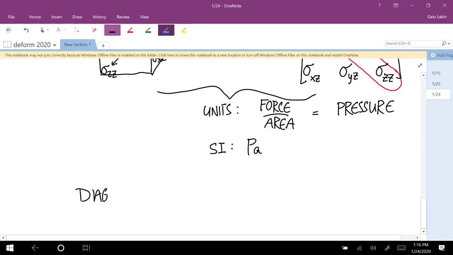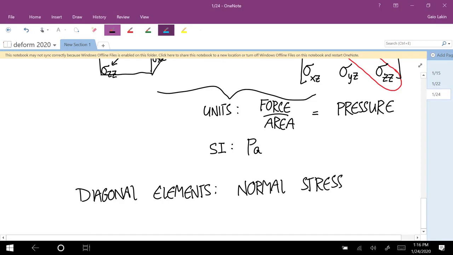So the diagonal elements are the normal stresses. And each is perpendicular to the face.